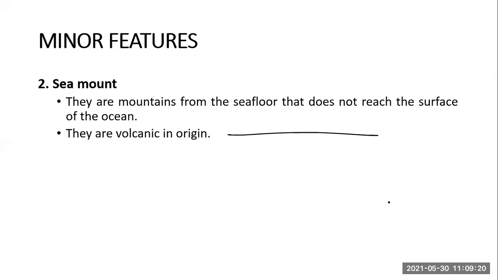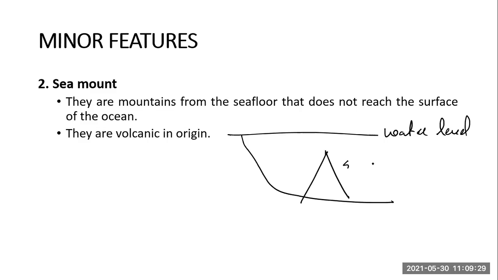So you can draw a picture. They are often volcanic in origin. The volcanic eruption which might be happening in that location will result in the solidification or creation of an underwater volcano. So basically an underwater volcano only. They are called seamounts.